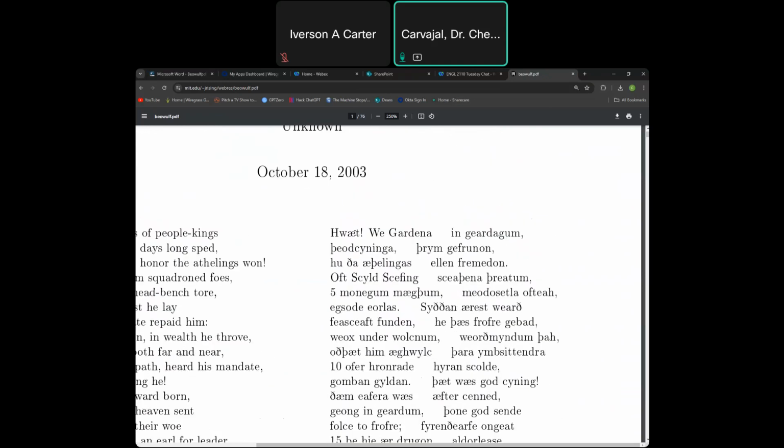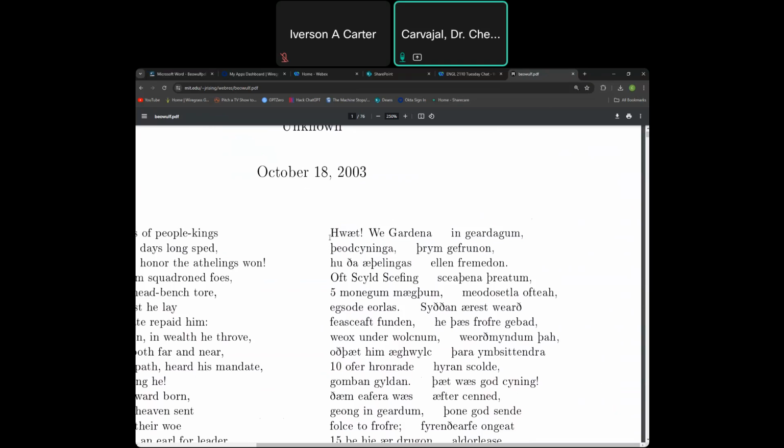But the AE sound is just an A sound. And the G's are usually pronounced with a Y sound, but then inside they're a G sound. And so if I were to read this out loud, it's going to sound even weirder than it looks. Okay, so you say "hwaet," and that's actually "what." That's what that means.